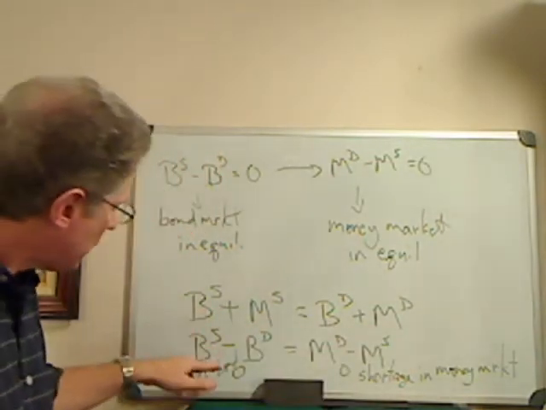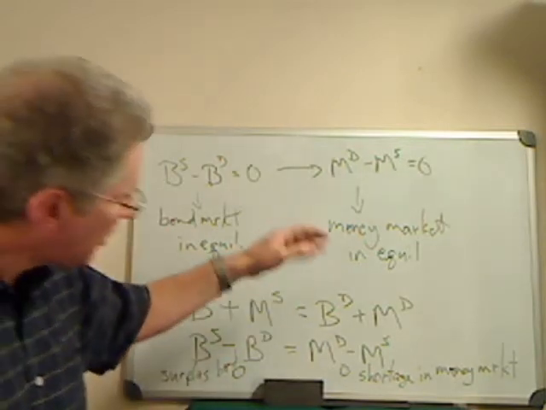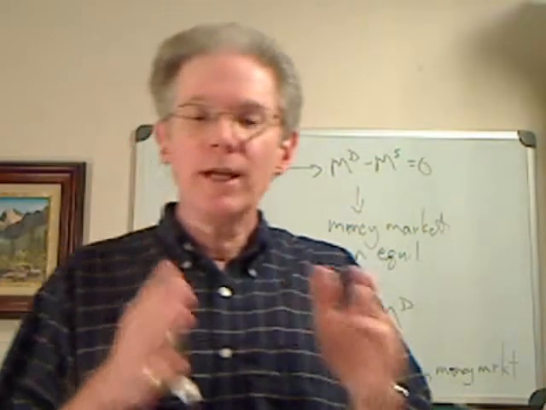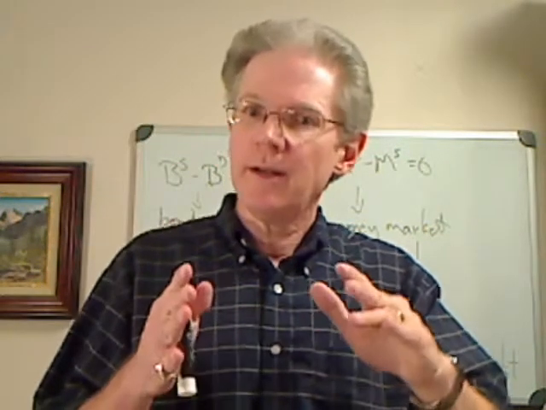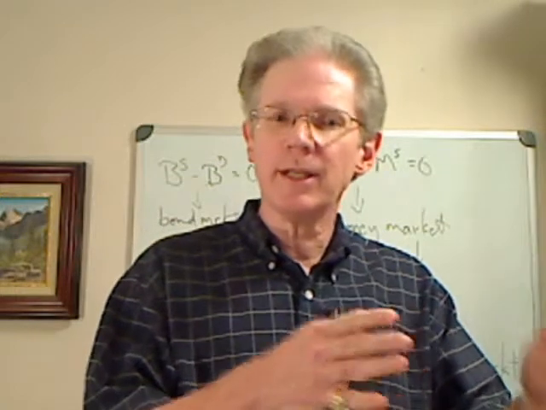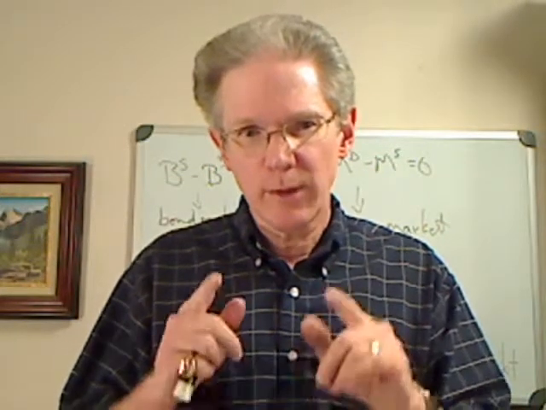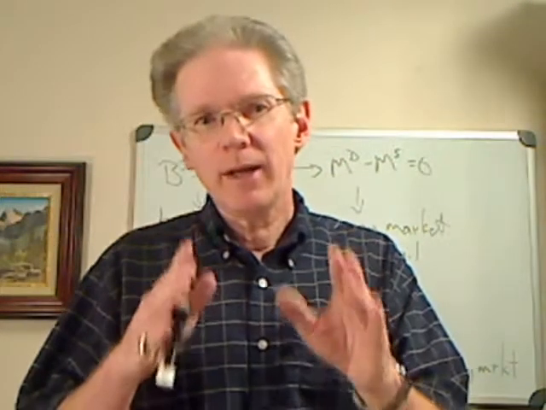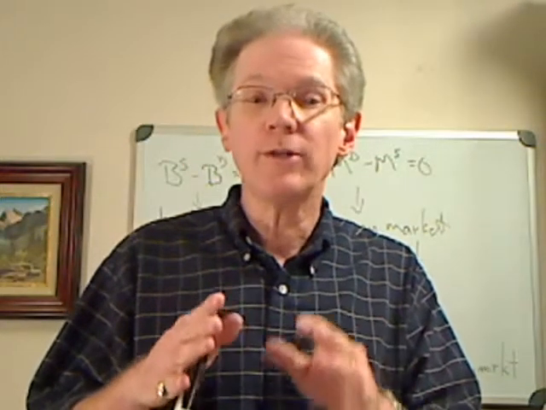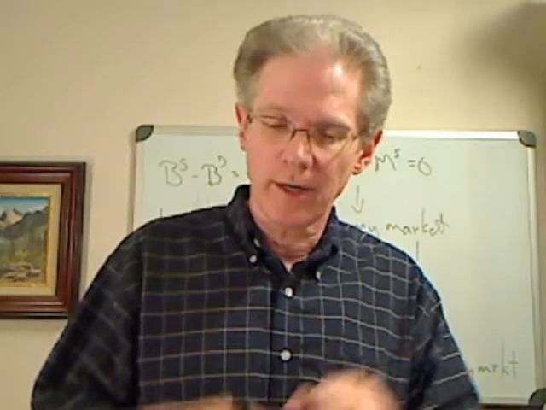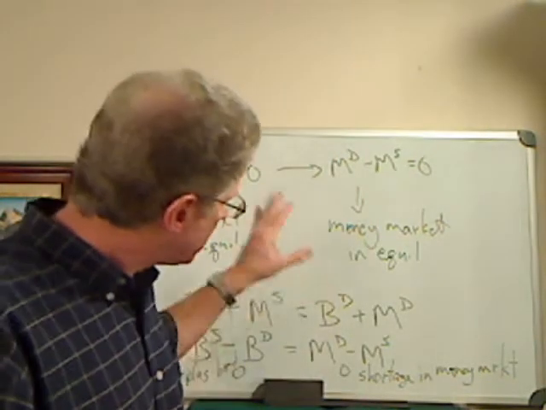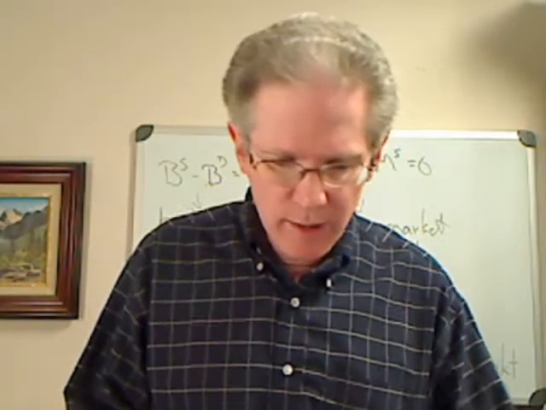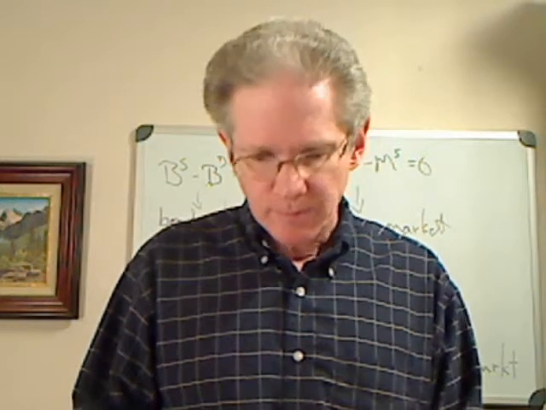If we have a shortage in the bond market, it implies a surplus in the money market. Do you see that we can look at either of these markets and know what the situation is in the other market? So we can focus our attention on either one and be able to make predictions about what is going to happen in the other market. This is going to be very important in this liquidity preference model.